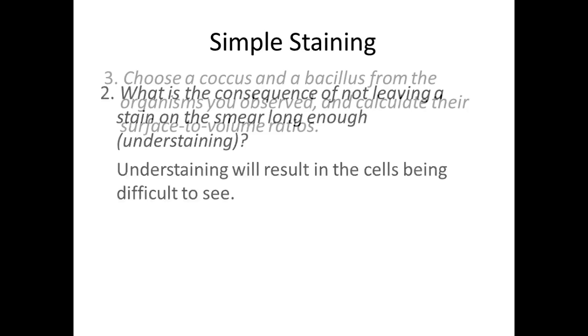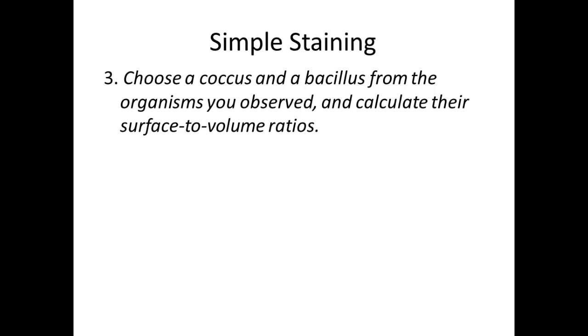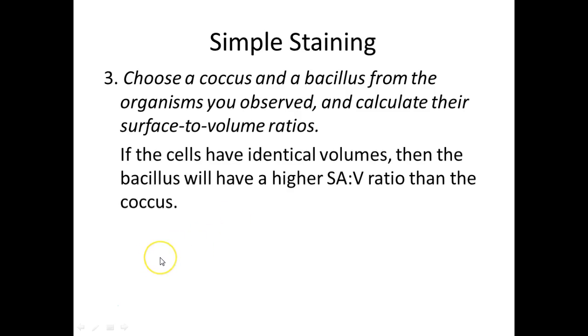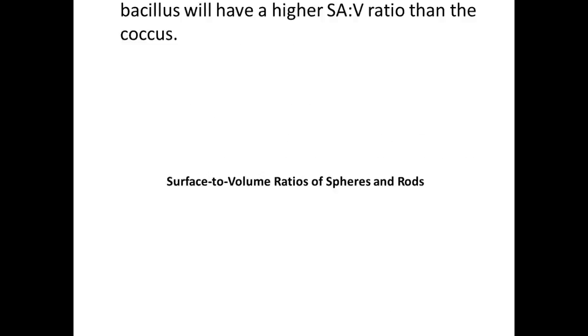To create that contrast. So when we talk about those surface to volume ratios, I'm going to go ahead and pause mine. If we took identical volumes, I'm going to have you take two pieces of Play-Doh around the same size, and we're going to divide them up into the two different main shapes, the cocci and the bacillus.